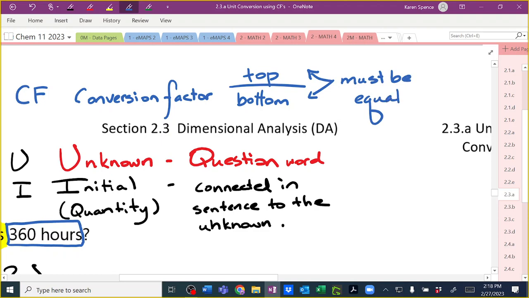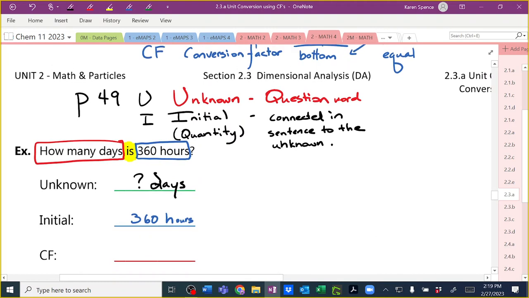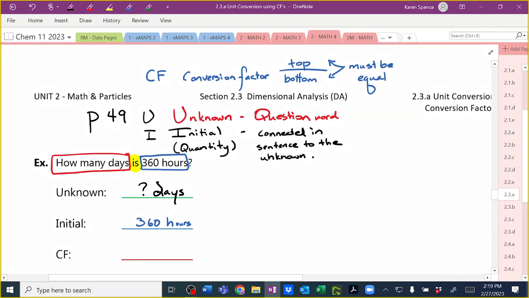Okay? And one of them will have 1 unit and one of them will have a second unit. Okay? And you can just write it as an equality. Do you know an equality between days and hours? There are 24 hours is equal to 1 day. Okay?